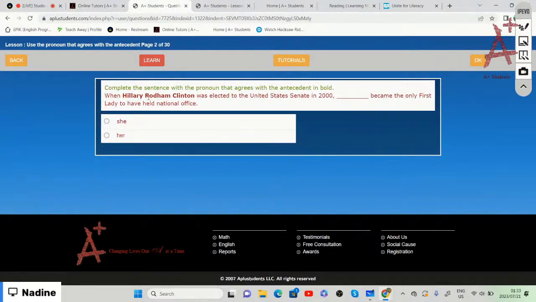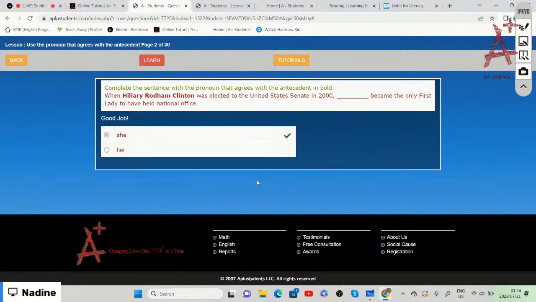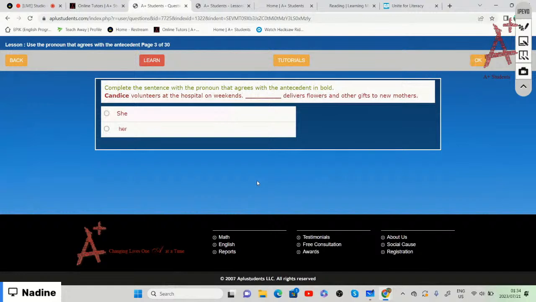When Hillary Rodham Clinton was elected to the United States Senate in 2000, is it she or her became the only first lady to have held national office? If we choose the pronoun that takes the place of Hillary Rodham Clinton, then we can say she became the only first lady.